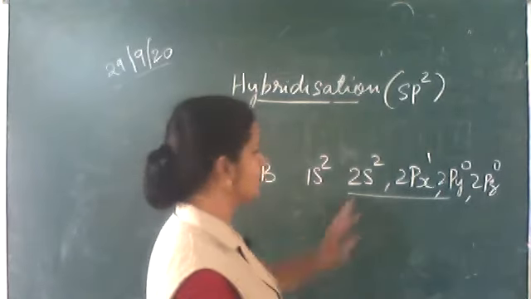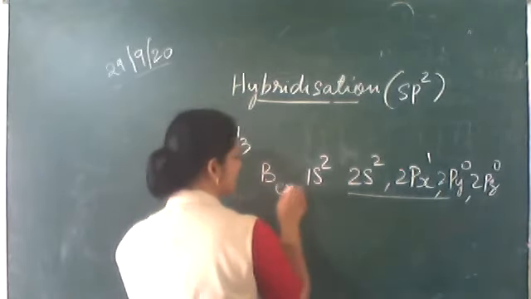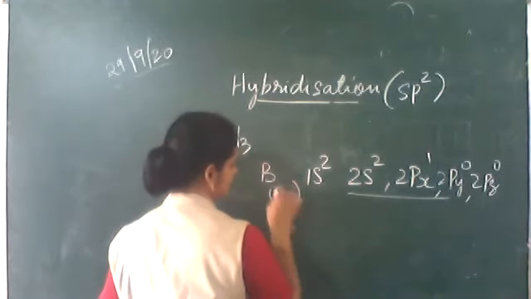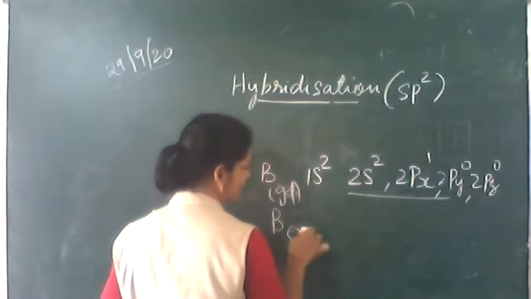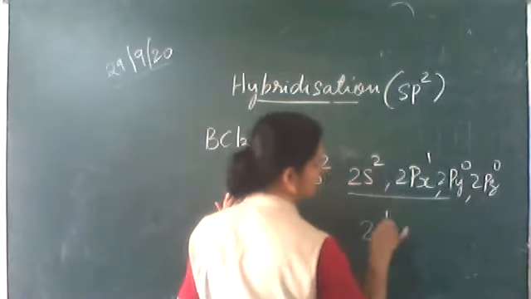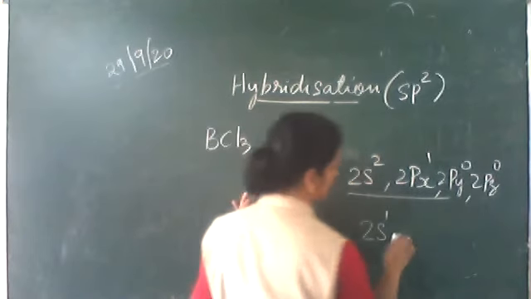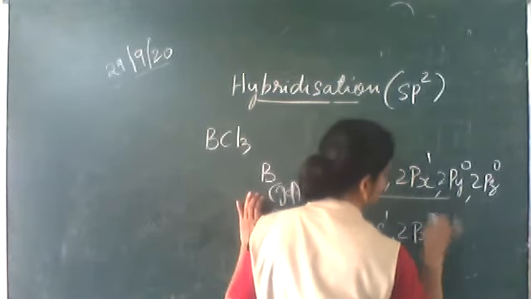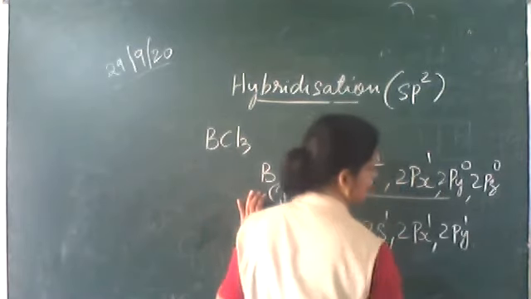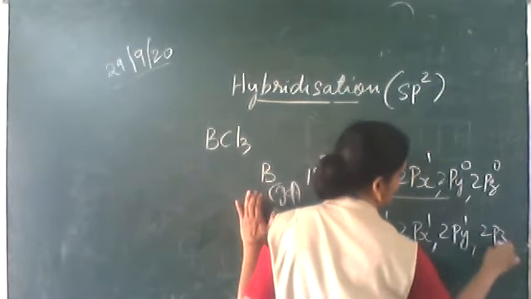So this is the ground state. So I am writing it as ground state. Boron in excited state. So here, one of the 2s electrons got promoted to 2p: 2px1, 2py1, right? 2pz0.